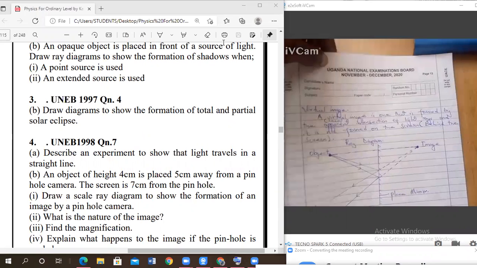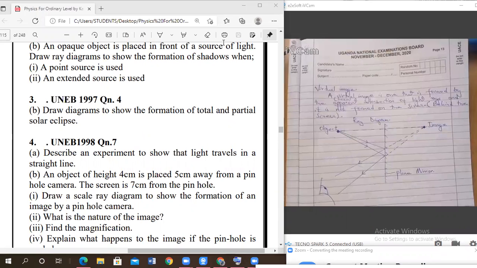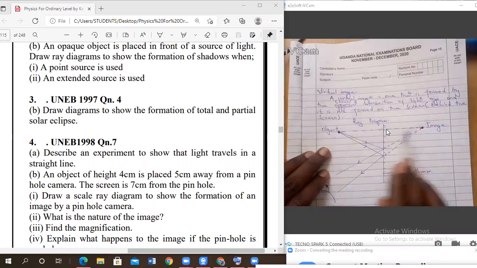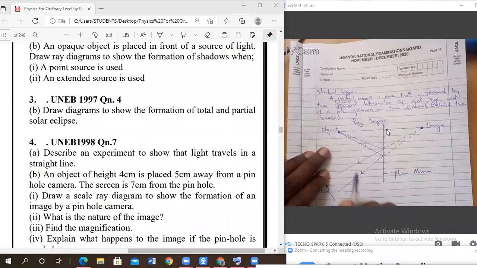Another thing you must observe when you are drawing images, we are going to look at it in detail when we look at plane mirrors: the object distance must be equal to the image distance.